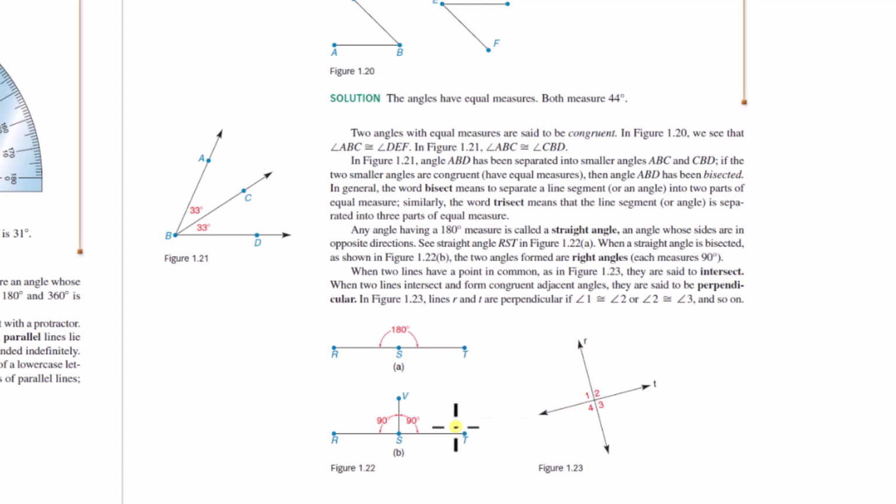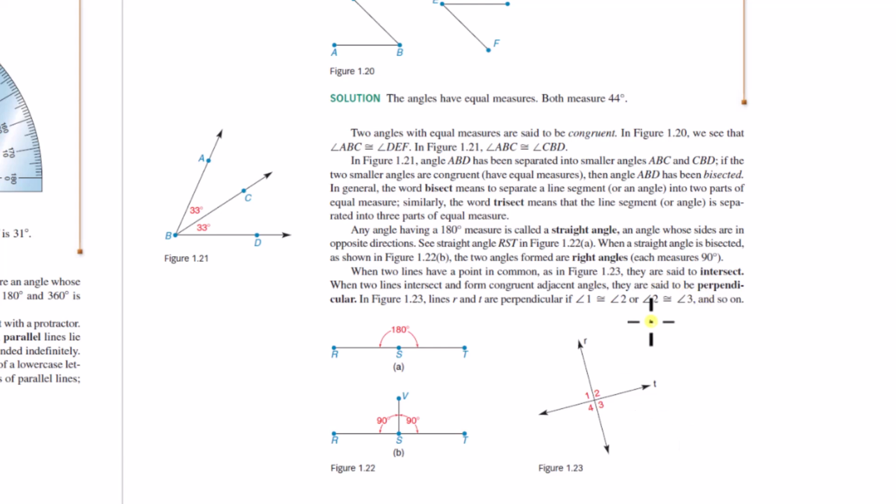So here you have one pair of adjacent angles. Here you've got two pairs, or technically four pairs. These are adjacent, these are adjacent, these are adjacent, these are adjacent. So in the case where the two lines intersect and they form congruent adjacent angles, they are said to be perpendicular.